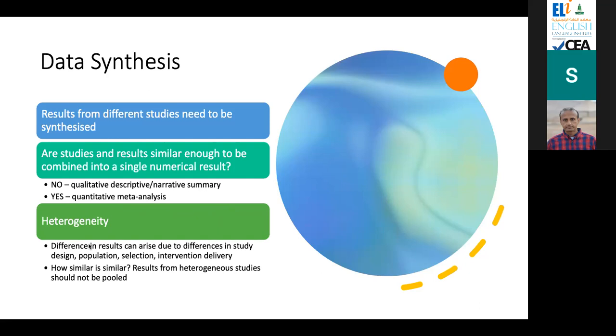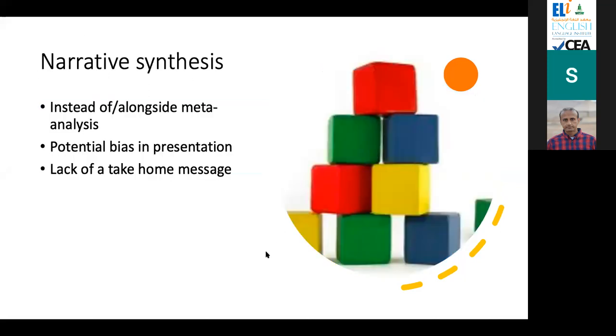Heterogeneity is also an important element, that is, differences in results can arise due to differences in study design, population selection, and intervention delivery. It is also important to consider how similar the results are from heterogeneous studies. Heterogeneous means similar studies conducted where the context might be different but the focus might be similar. So this can also determine the way of data synthesis.